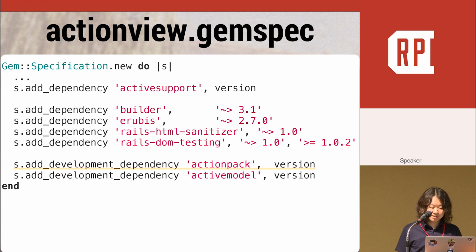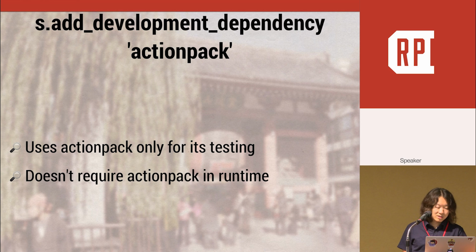ActionPack is another Rails component composed of abstract controller, action dispatch and action controller. So it's the C layer of MVC. So this development dependency means ActionView uses ActionPack only in development mode, for testing the library itself. And it doesn't require ActionPack at runtime, right?